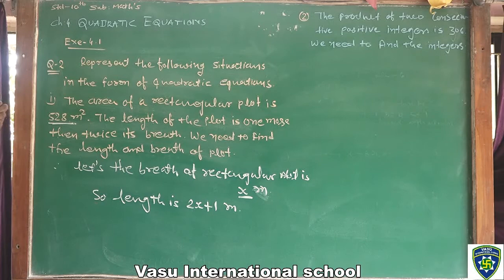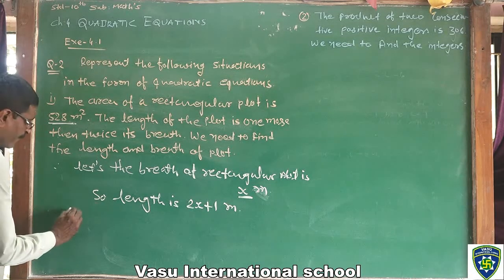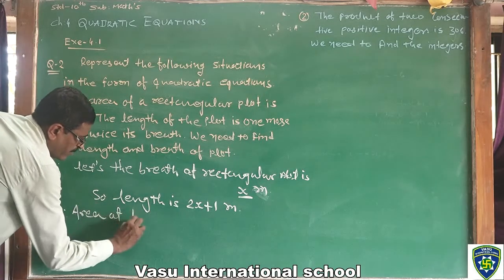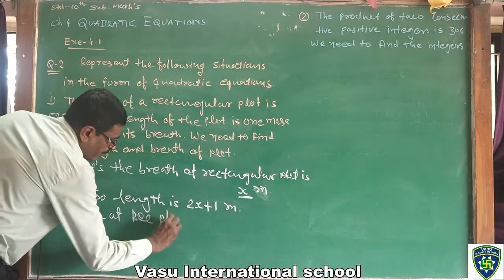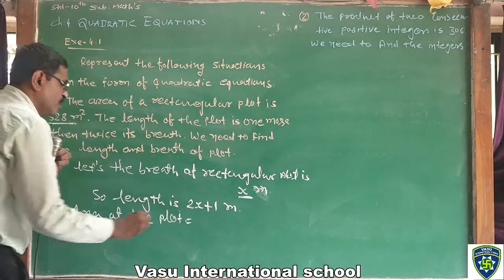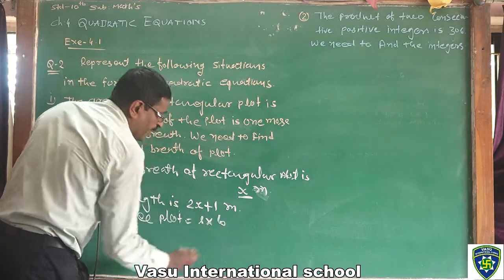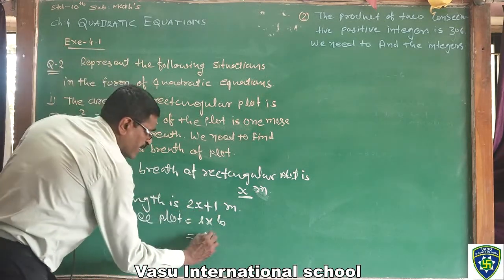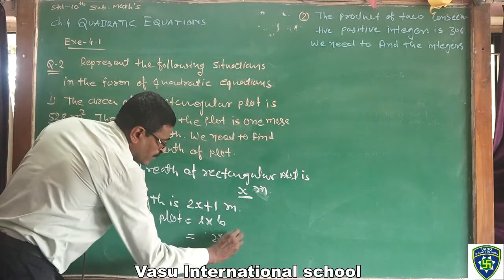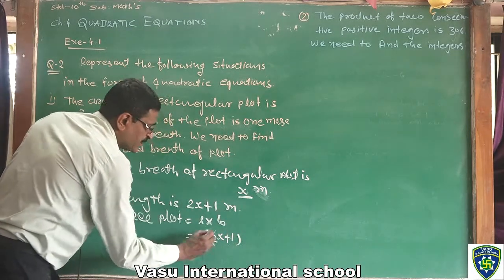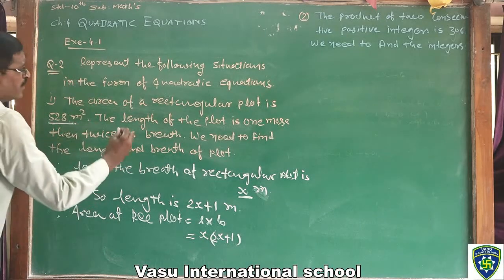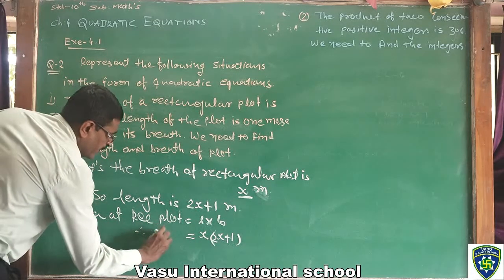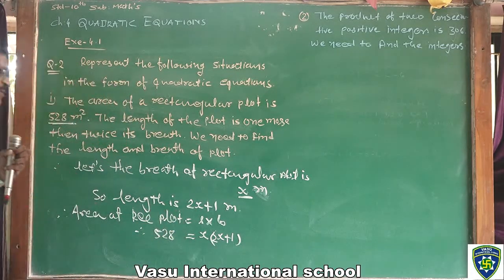Now, the area of the rectangular plot, we know the area. Therefore, area of the rectangular plot is equal to length into breadth, length is 2x plus 1 and breadth is x. Area is given, 528 meter square.